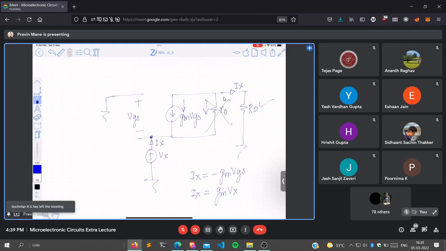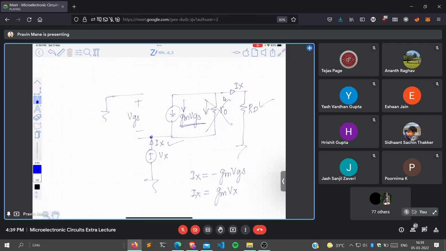Previously, when RO was absent, Ix is simply Gm VGS. So whether RD is present or not, it is not visible to me. If RO is present, only then it is visible. Is it clear? Okay. Very important topics, and you should understand them to apply while solving the examples.